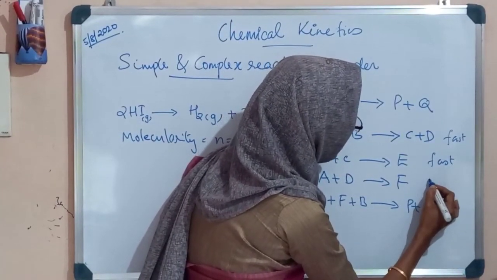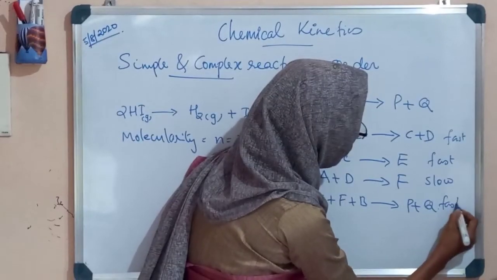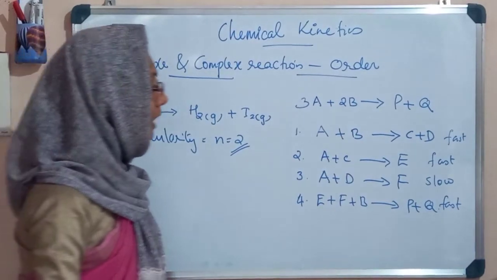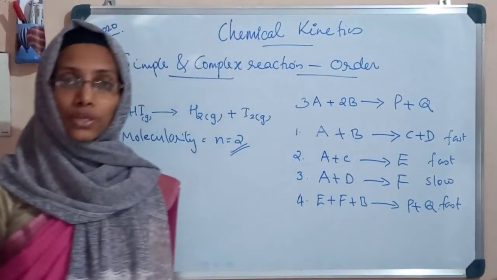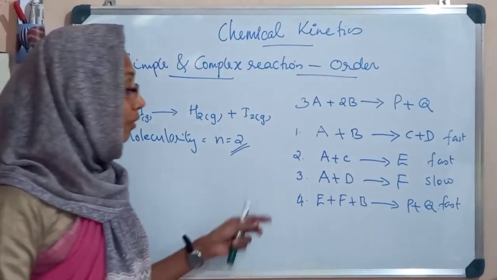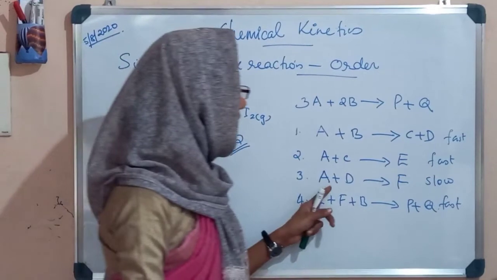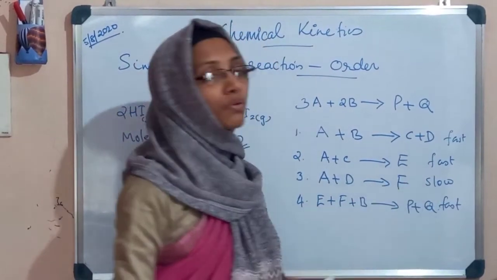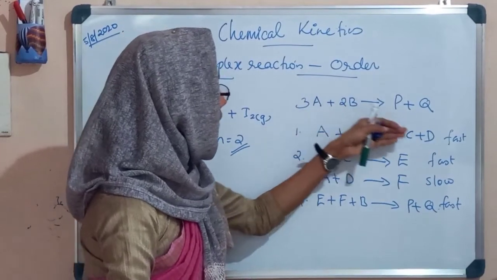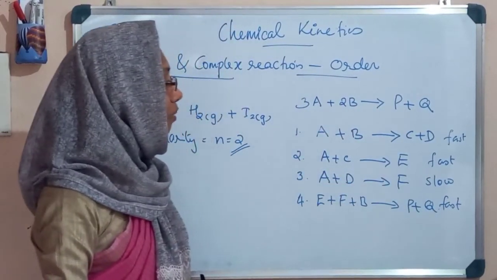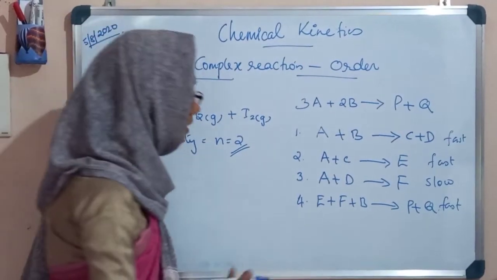Here the third step is the slowest step and the fourth step is also fast. Here the overall rate of the reaction cannot be faster than the rate of the slowest step. That is, the rate of the overall reaction is the rate of the slowest step.